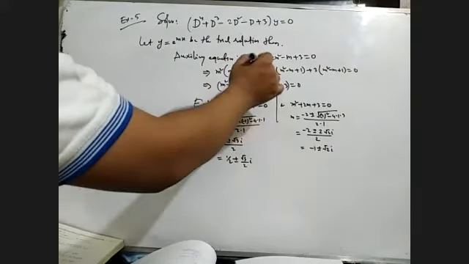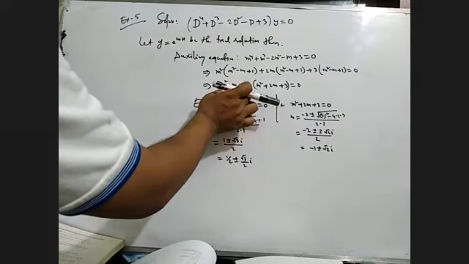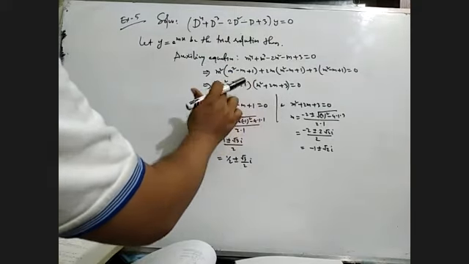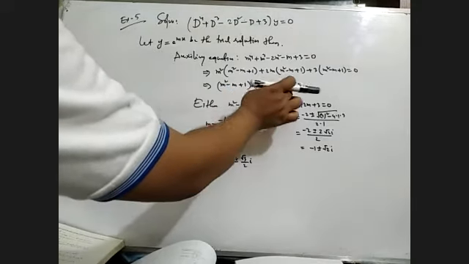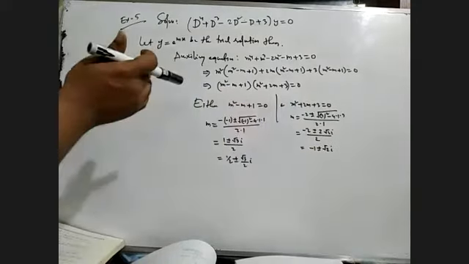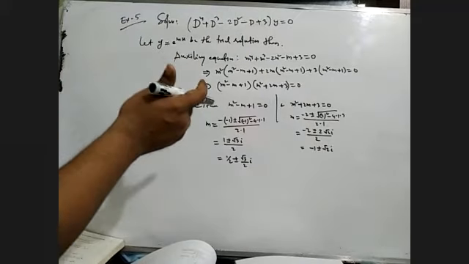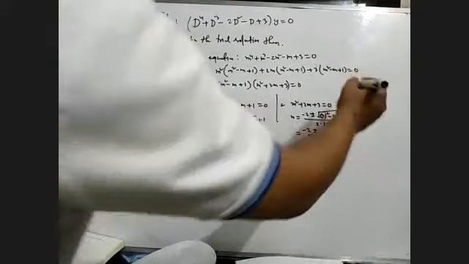Now we can actually solve this for m. After factorization we get m square minus m plus 1 and m square plus twice m plus 3. So either this equals 0 or this equals 0. These are the complex roots. For finding complex roots, we have to use the quadratic equation formula, which you must know.